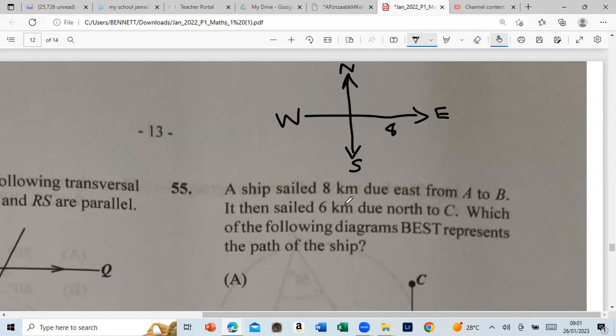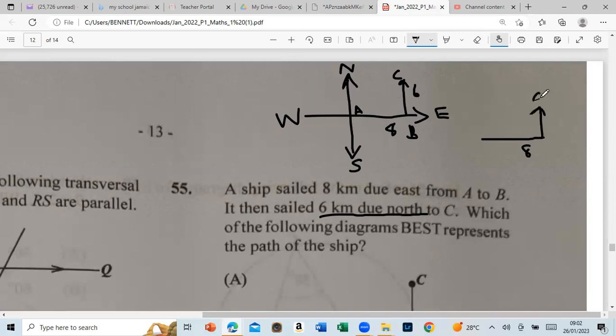It then sailed 6 kilometers due north. So you go up now by 6. Which best describes the path? So let's go, from A to B. Here's our A, here's our B. So 8 across, and go up by 6.